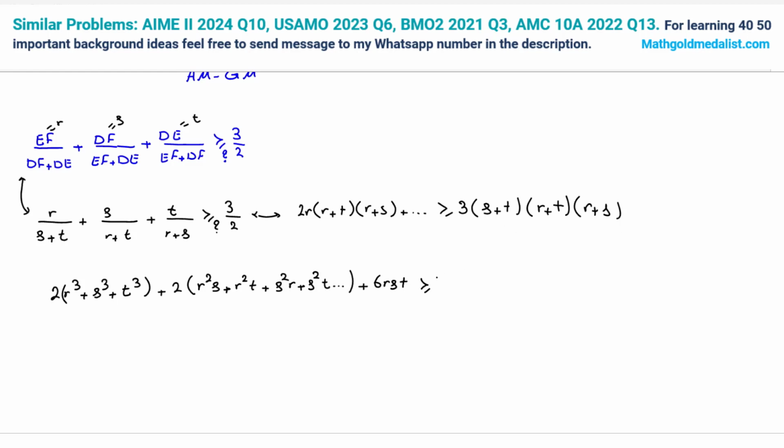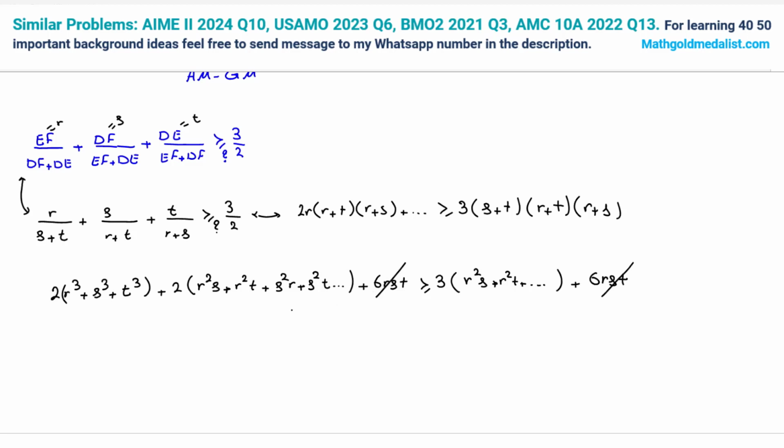Here, when we multiply, it will be 3 again, r squared s plus r squared t, and so on, like this one, plus 2 times RST, because of SR, here STR, and TRS, only 2. RST times 3, 6RST.